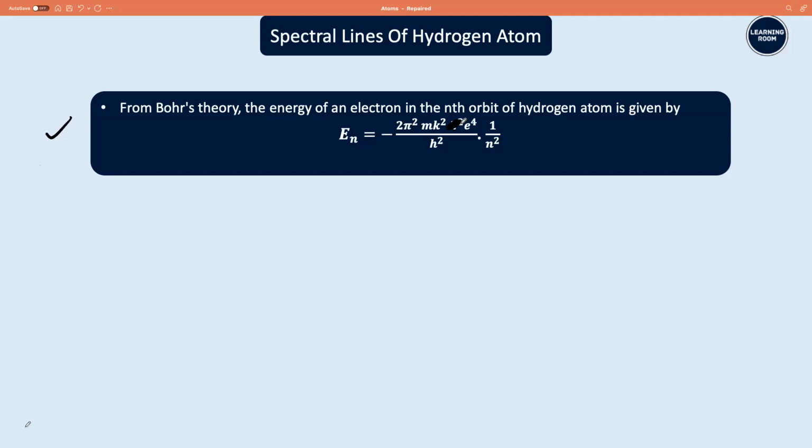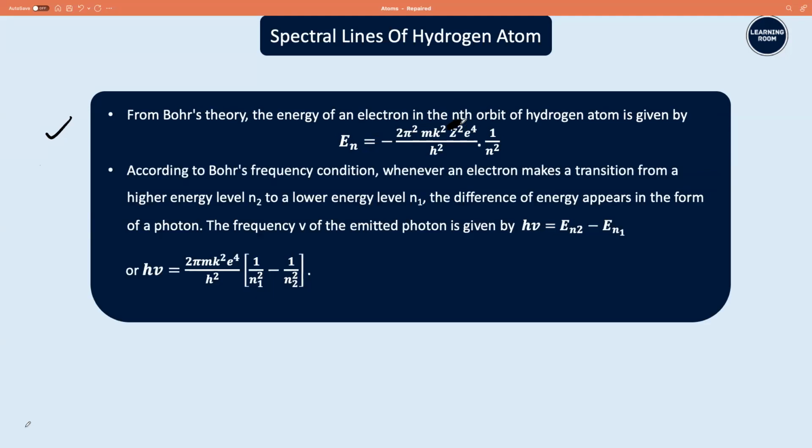Now, according to Bohr's frequency condition, what does it tell you? Whenever an electron in a higher orbit makes a transition to a lower orbit, energy is released in the form of radiation, discrete energy photons, which means electromagnetic radiations come out.